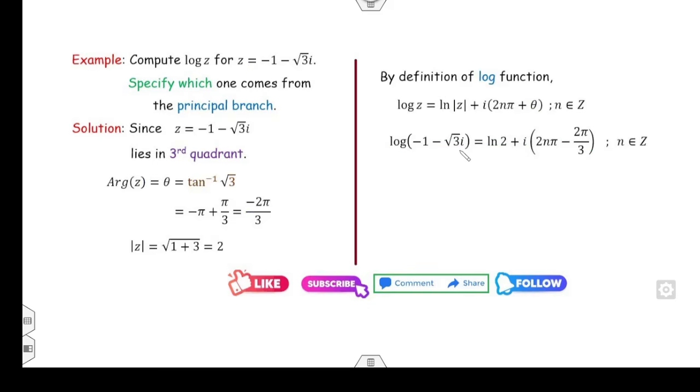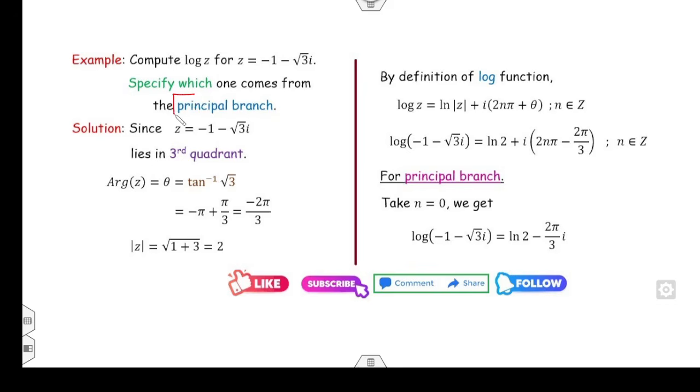So you will get log of z is log of 2 plus iota, and take the LCM. Clear? For the principal branch, what will you do? You can simply choose n equal to 0. Put n as 0 here. Then your answer will be ln of 2 minus 2 pi by 3 iota.